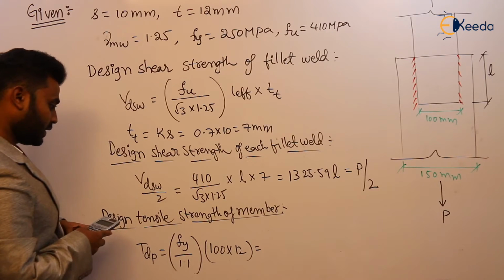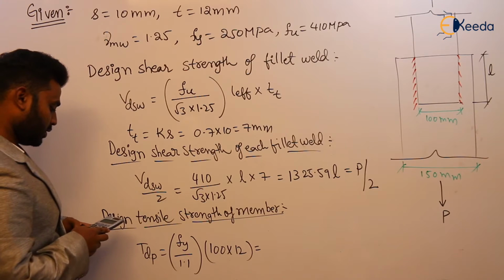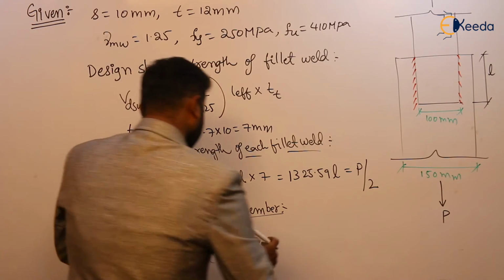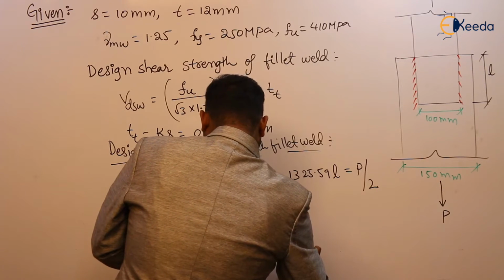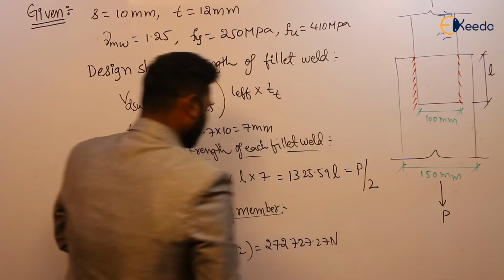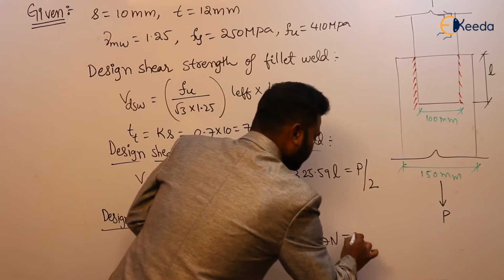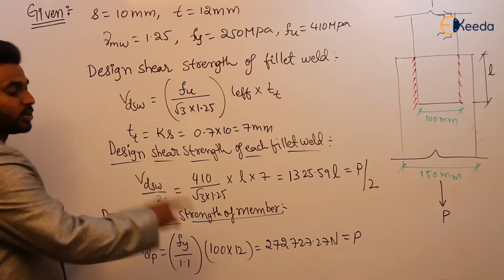So Fy is 250 and 100 into 12 by 1.1. This is 272,727.27 Newton. This is the total force P. That much tension force that plate has to take.